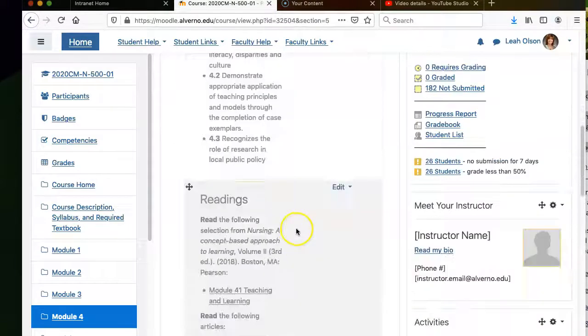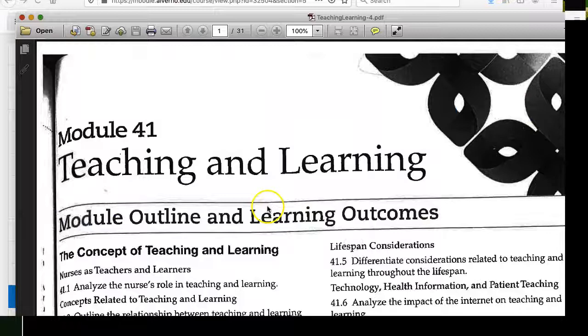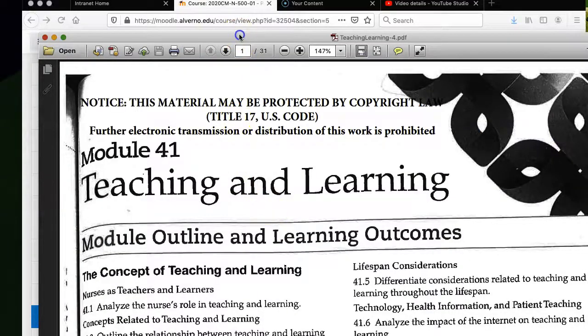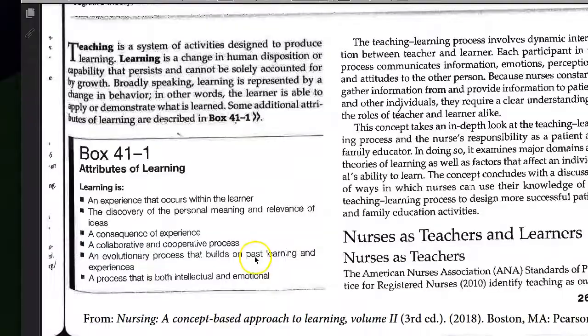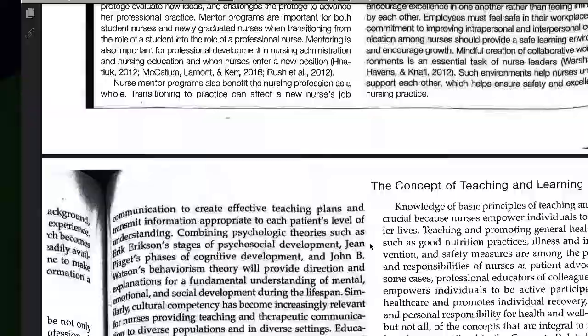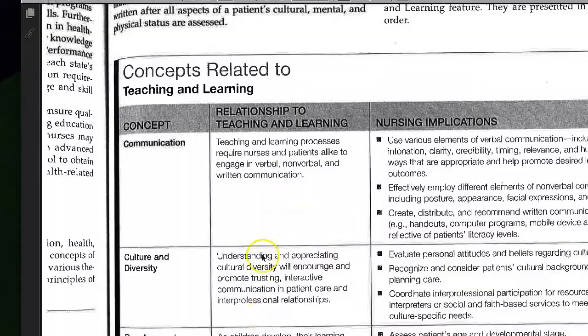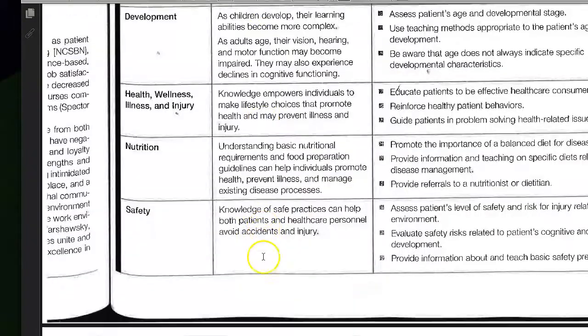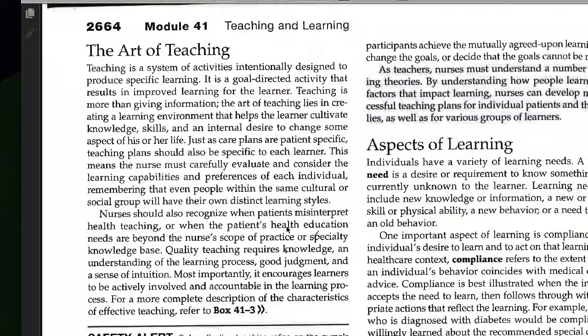And if you have the great big books, this is in Volume 2, but here it is for you, right? So here's some things about nurses as teachers and learners. Communication is a concept, culture development, safety. Knowledge of safety practices can help both patients and healthcare personnel avoid accidents.